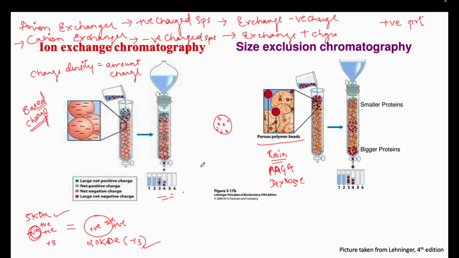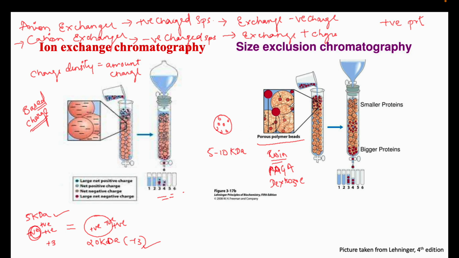Okay, and there are different sizes of pores. So depending upon the protein of our interest, so suppose I have the same proteins, 5 kilodalton and 20 kilodalton. I'll choose a resin. So for example, the resin I am using, it is separating 5 kilodalton and 10 kilodalton, okay, 5 to 10 kilodalton protein. So my 5 kilodalton protein, what will happen?